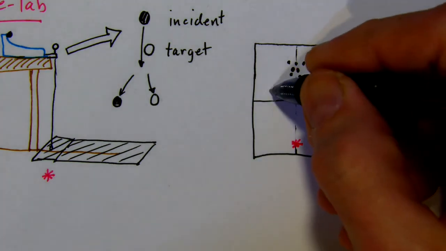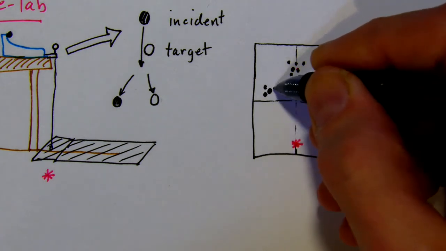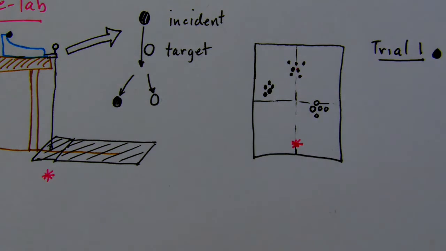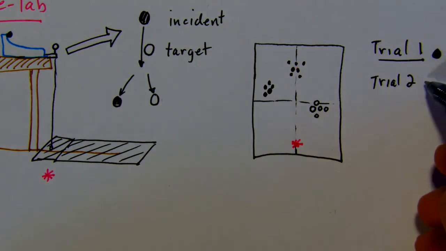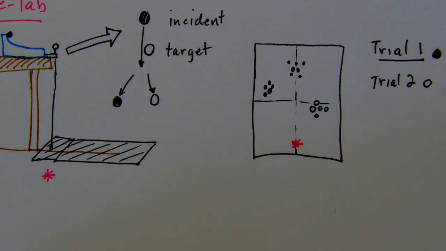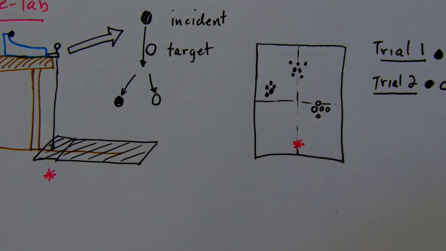But let's say that after the collision, the target sphere ended up over here, and we did several collisions. So trial 2 is now going to be incident sphere and target sphere. So here's the target, or incident sphere, and then this is the target.